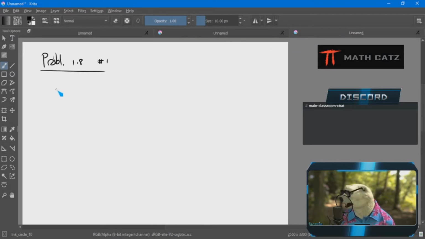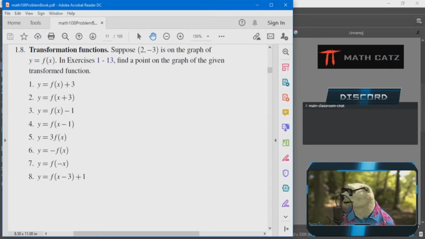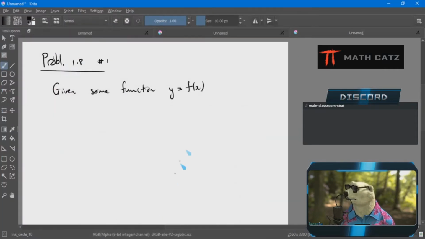So now I have some function. I don't even know what the function is. Given some function, I can't graph it. I don't know what it is. They only tell me that there's a point 2, -3 on the graph. So if I want, I could visualize this over here.